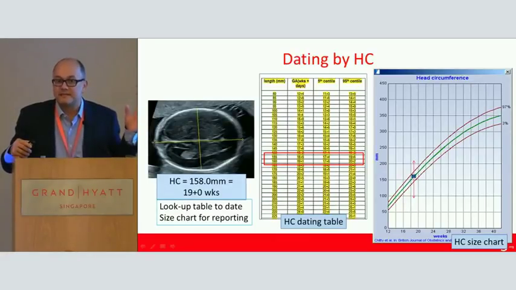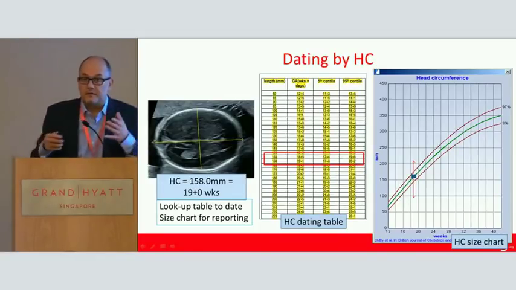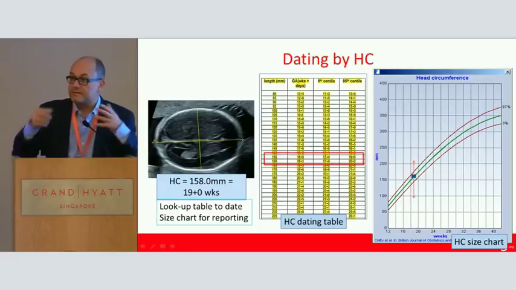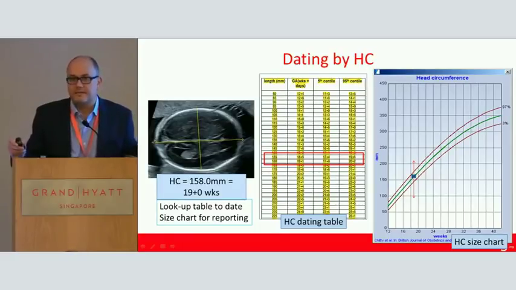Okay? Now, obviously, if you have signs that maybe the baby is growth restricted, or that there's an abnormality in the head, or something like that, then you must be very careful to allocate the gestational age based on the head circumference. Yes? Okay.